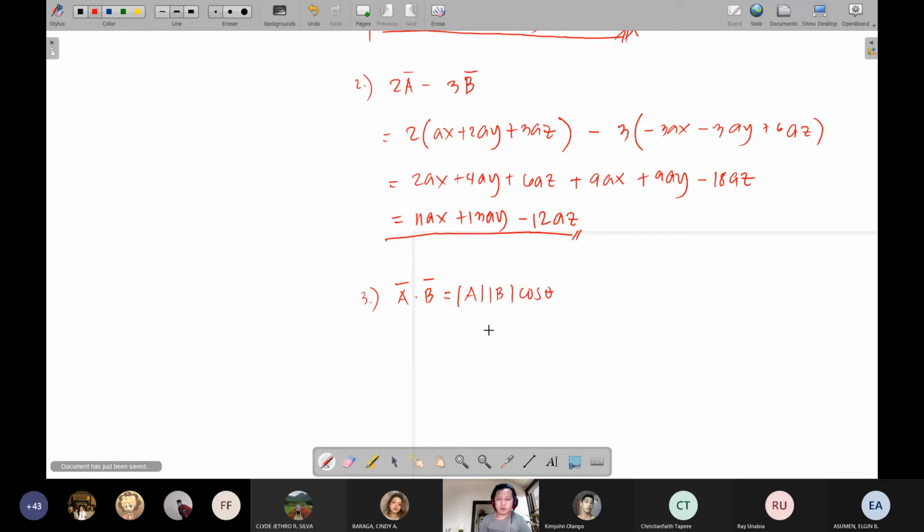Or you can also have A1B1 plus A2B2 plus A3B3.